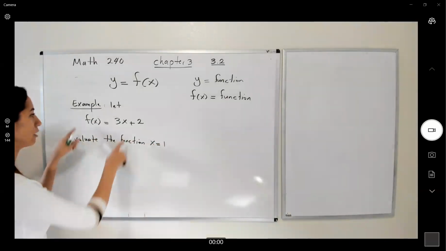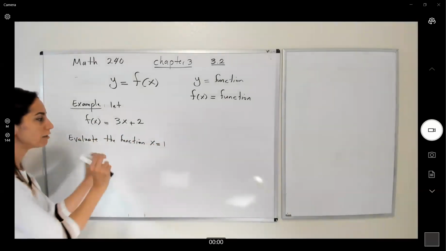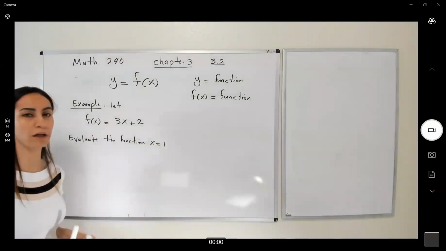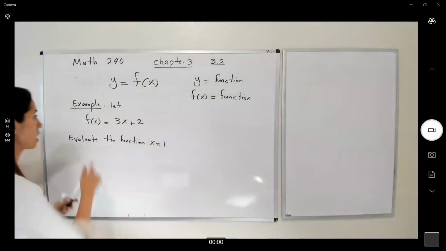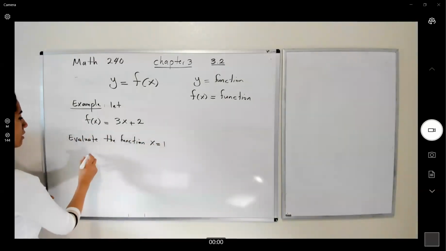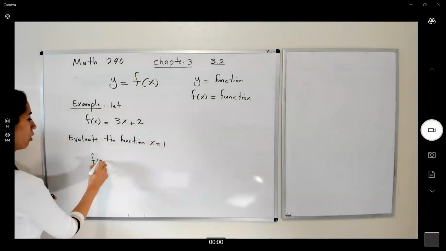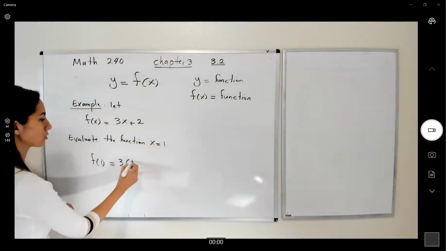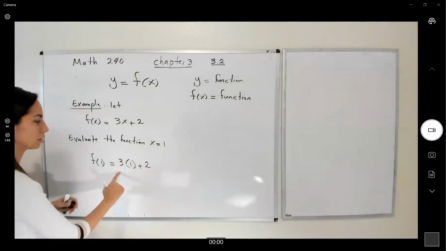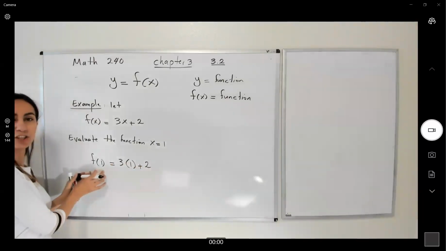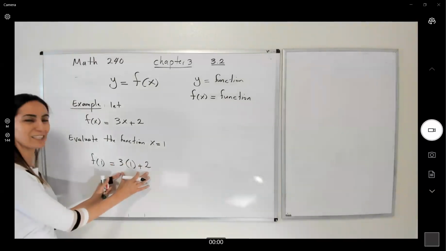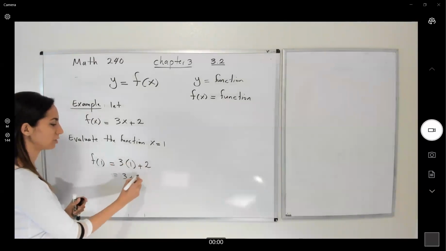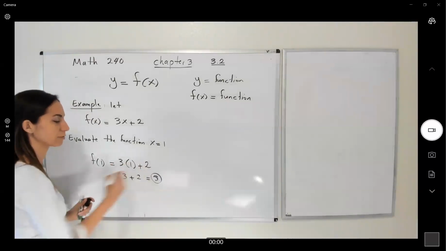It means that when you see this function, wherever you have x, just substitute that with 1. I have f of 1 equals 3 times 1 plus 2. I'm just calculating this number here. 3 times 1 is 3 plus 2 is 5.